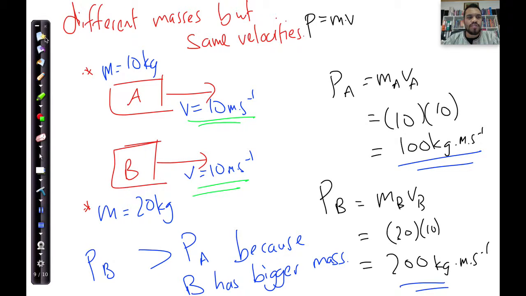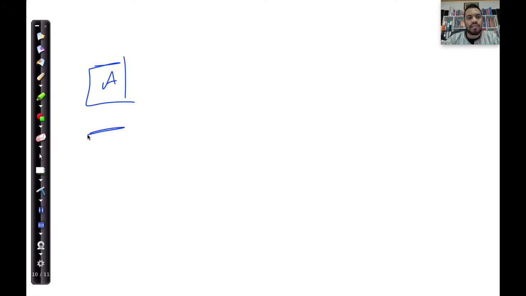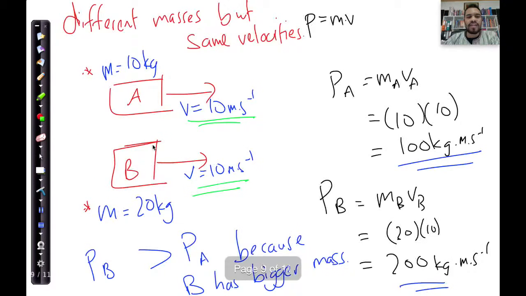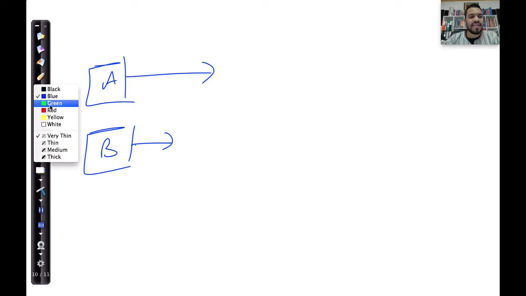Now we're going to bring up another page and study these things a little bit more. There's my object A, and I'm going to take another one over there and make that object B, and I'm going to put in a vector. There's one vector, there's another one there. Let's add some masses again and some velocities.